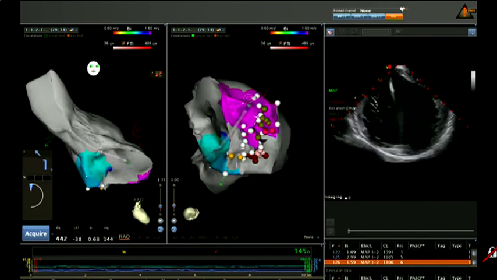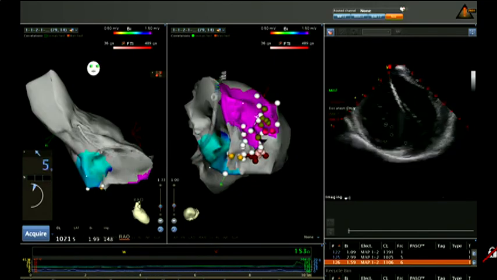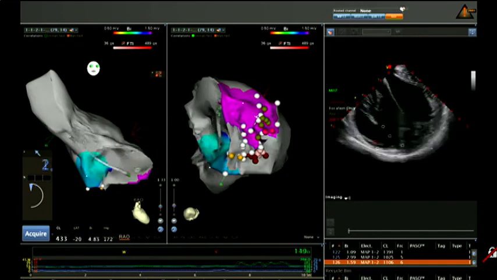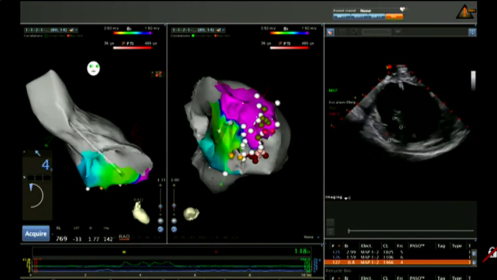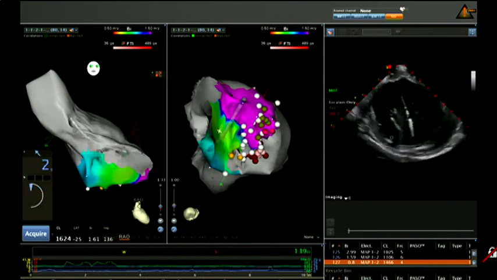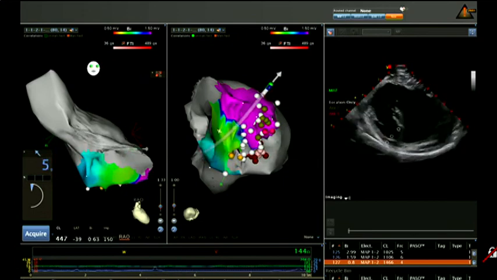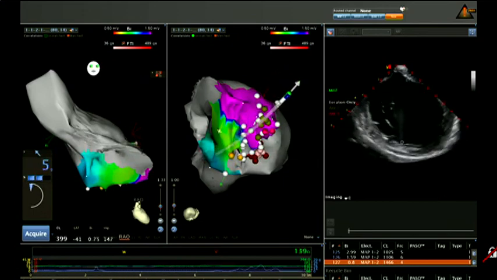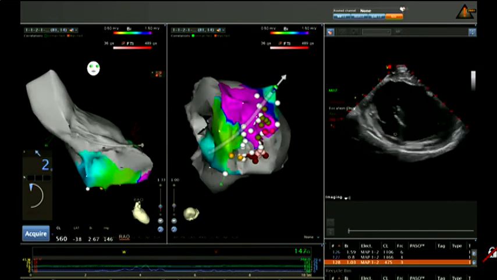Well, the effect we saw with the dobutamine protocol, and we administered 40 micrograms per kilo per minute, which is quite a high dose of dobutamine. Up to 50.